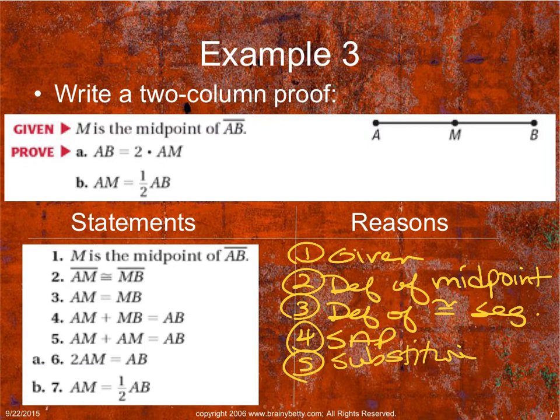Could 5 also be definition of midpoint? No, because we're not showing two congruent pieces. Yeah, but we know if they're the same, then you could, no? No. This one was a substitution. What they did was they took out MB and then in place of it they put AM. Because right above it, we were told that they're equal.